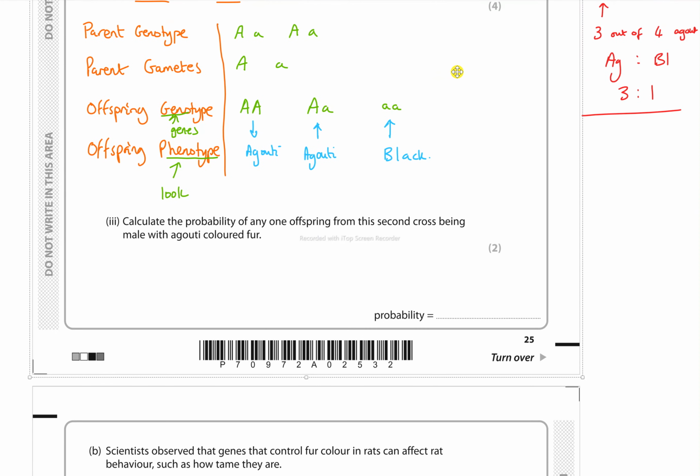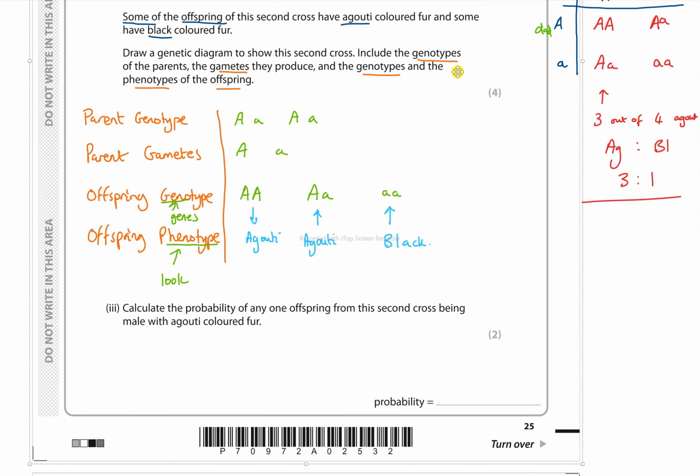Calculate the probability that one of these is an agouti male. So the probability of agouti here, look here, is 1, 2, 3, so 3 out of 4.